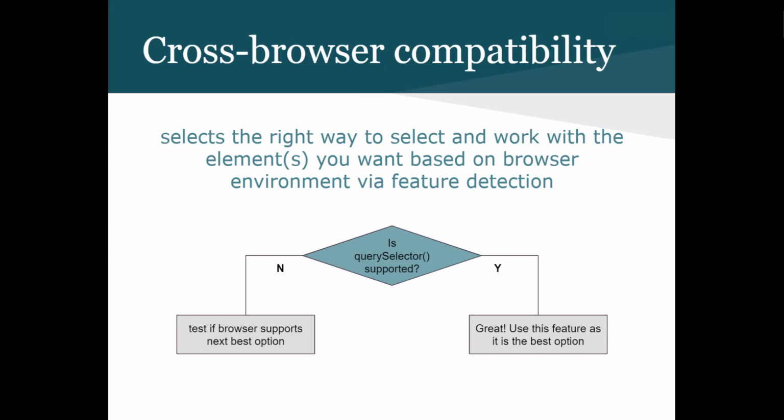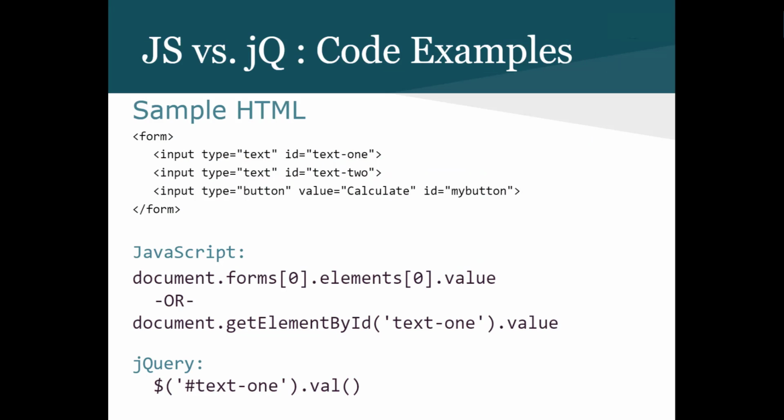Another great feature of jQuery is its ability to determine how things work in different browsers. It determines the best way to work based off of the feature support from the browser itself. And this slide is just one example. The two JavaScript examples on this slide are pre-ES6 examples.